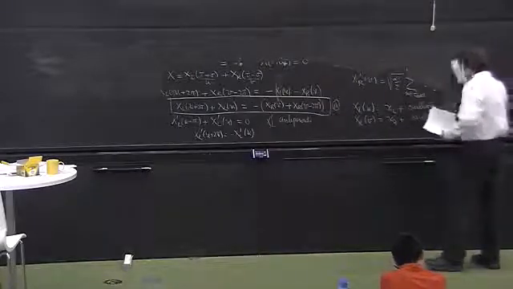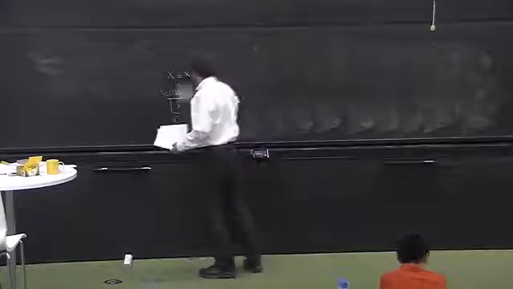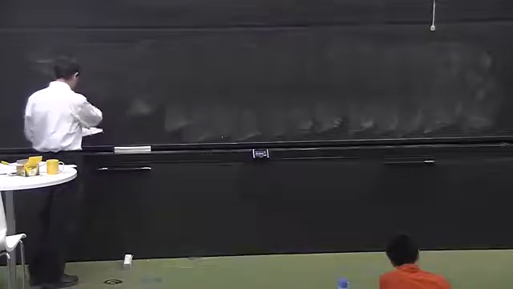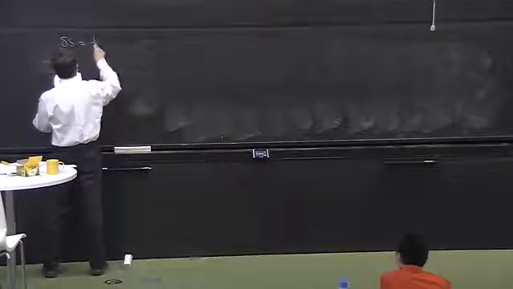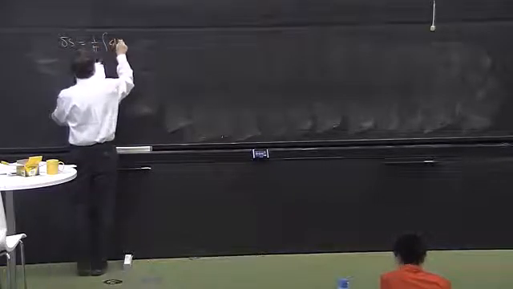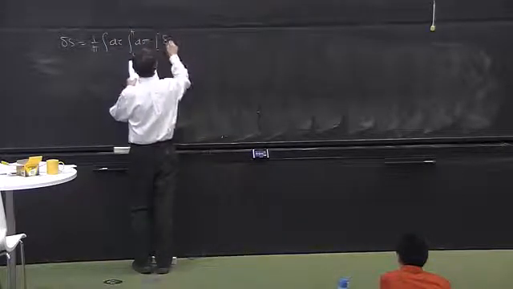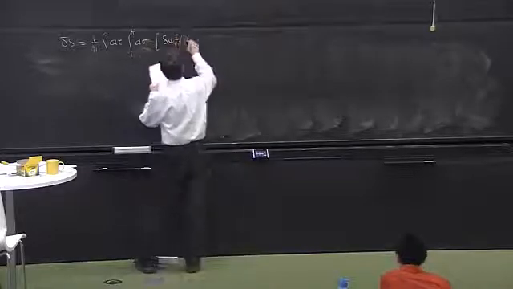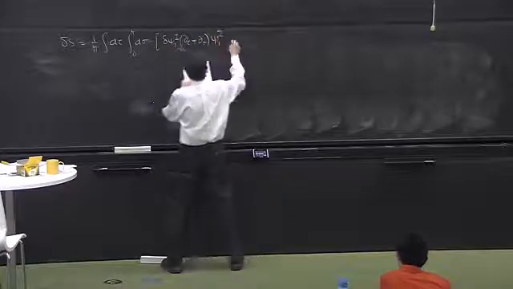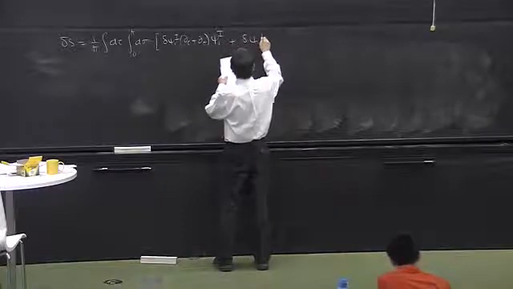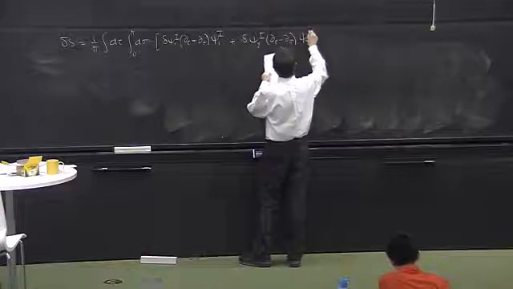If I do both of the fermions at the same time, we're going to get the following. The total delta S is going to be 1 over pi. I did just the first fermion. Let's do the second fermion. 0 to pi. You get delta psi 1I (d tau plus d sigma) psi 1I plus delta psi 2I (d tau minus d sigma) psi 2I.